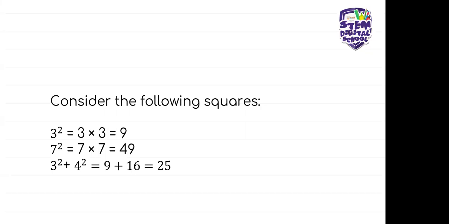Once more, 3 squared simply means you are multiplying 3 by itself. Even when it comes to 7, 7 squared simply means 7 times 7, which is 49. I do appreciate that by now you have an understanding of how square numbers work. Let us carry on.